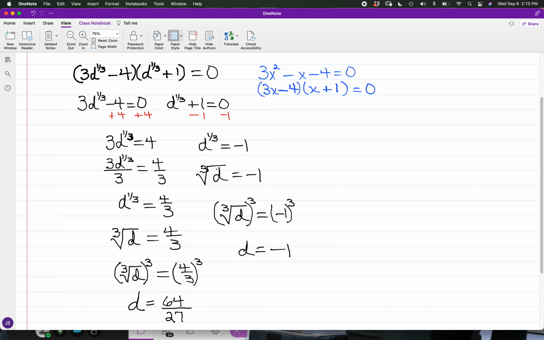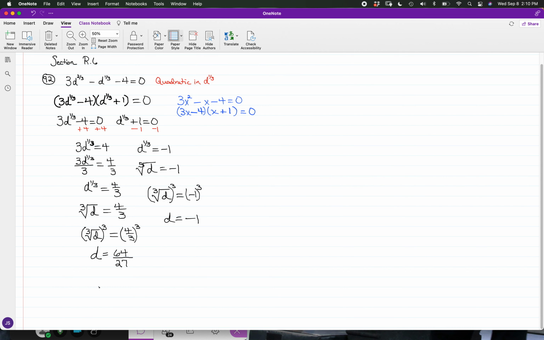So you can have an odd root reduce to a negative, but not in the case of an even root radical. So both of these solutions will fit into the equation, and we have the values positive 64/27 as well as -1.